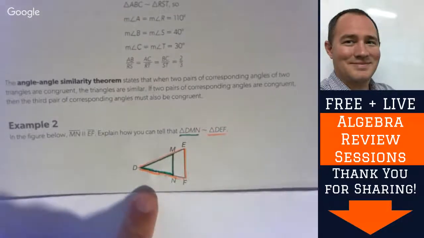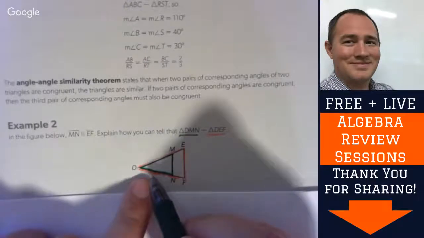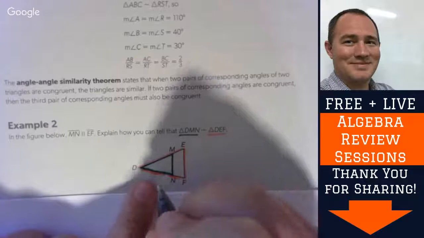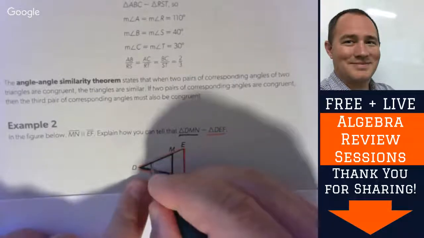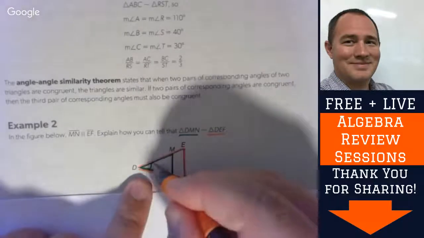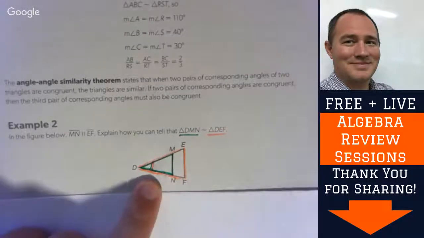Okay, so D is this left point of both triangles, really. It's a common angle. So what that means is this angle D for the green triangle is the same angle D for the orange triangle.